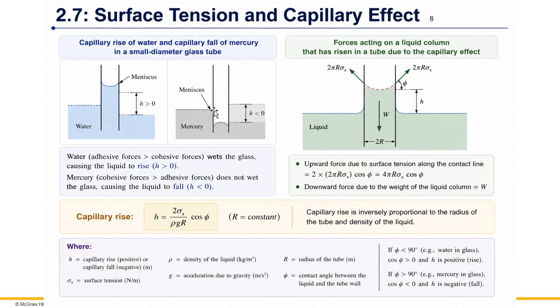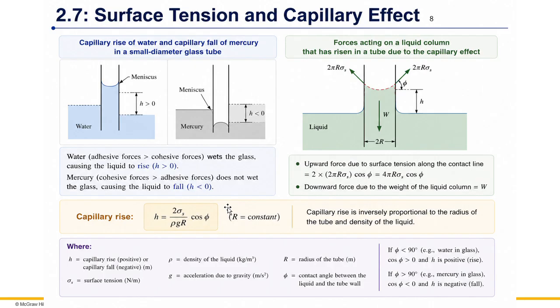The capillary rise equation is h is equal to 2 times surface tension times cosine of the contact angle, divided by density, gravity, and the radius of the glass tube. This equation tells us several things.